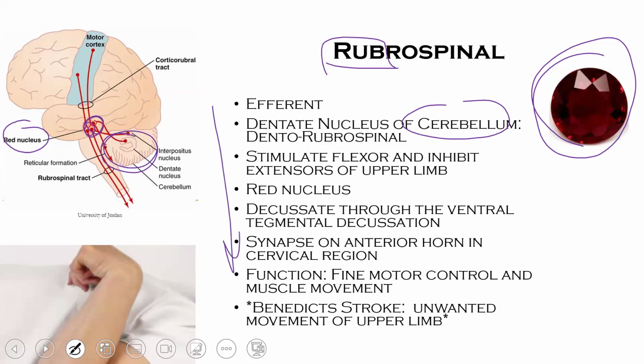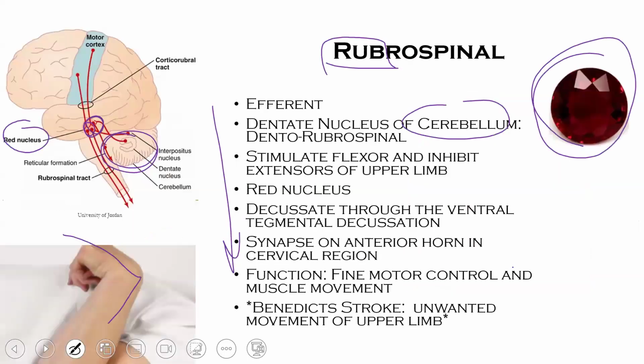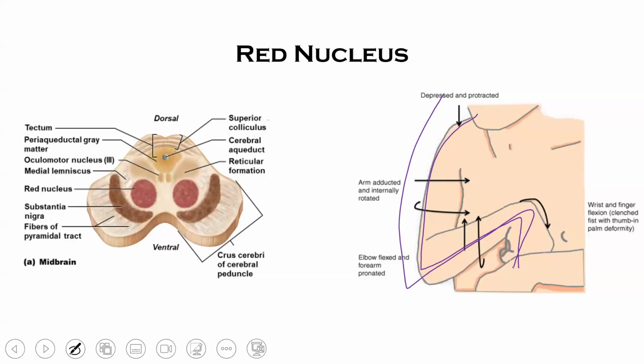It's going to go through all these pathways, and what it's going to do is give us this flexion posturing, or you might have seen this with a stroke. Okay, so this classic stroke appearance is what happens when we see that rubrospinal tract flexion posturing dysfunction.